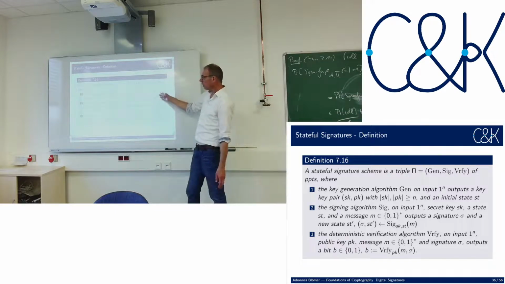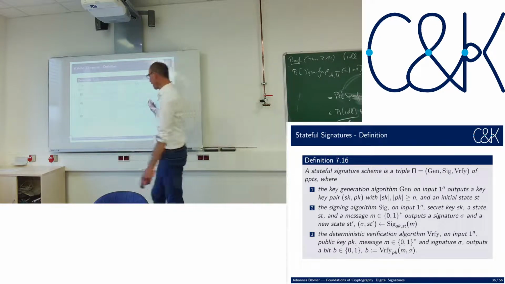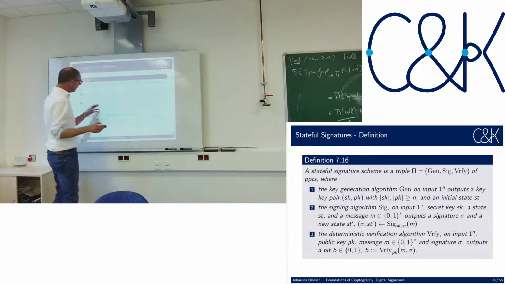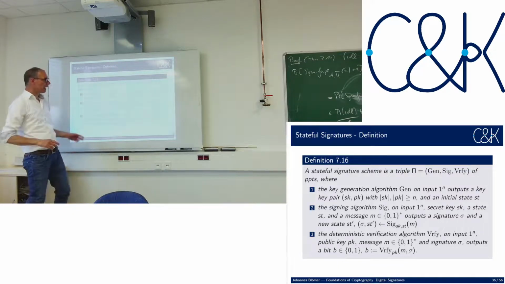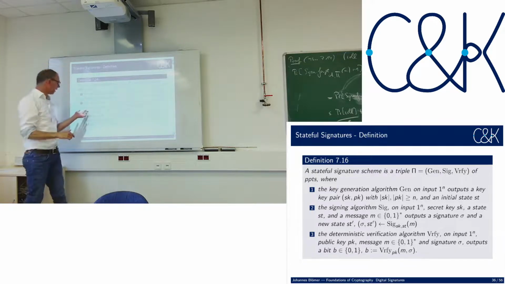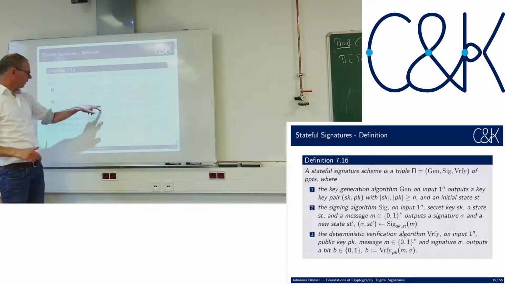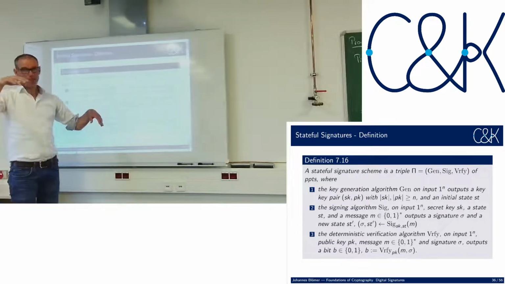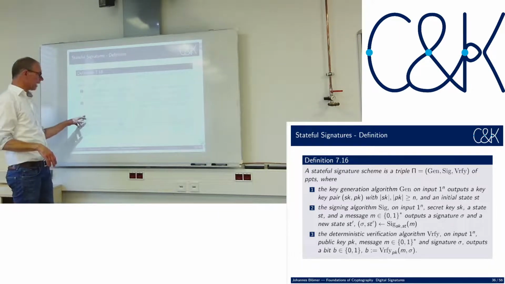and the key generation is as before. The signing is different. The signing algorithm on input 1 to the n, secret key sk, keeps a state, ST, and it outputs a signature when we give it a message M prime, state, and signature S and a new state.